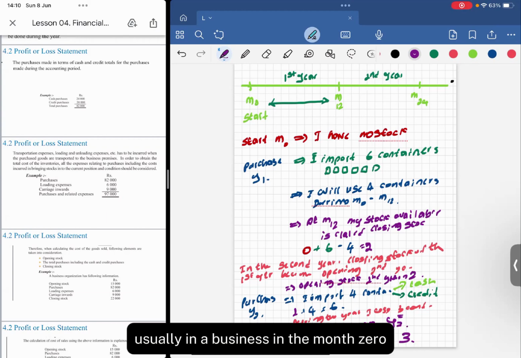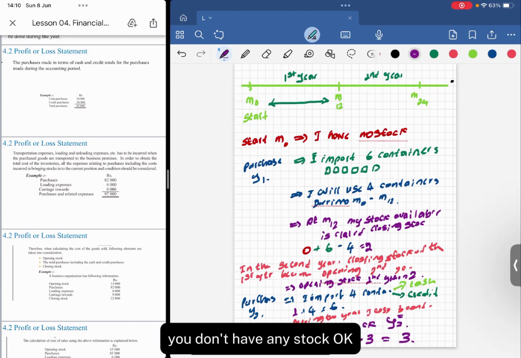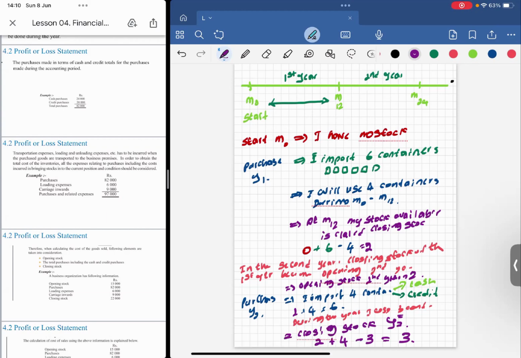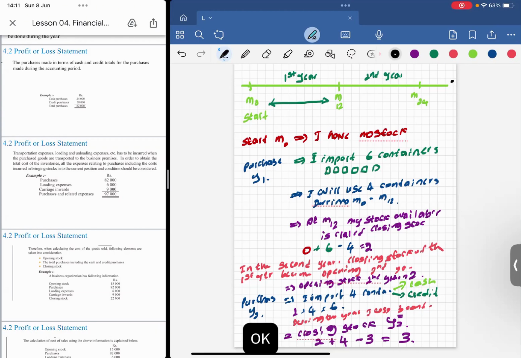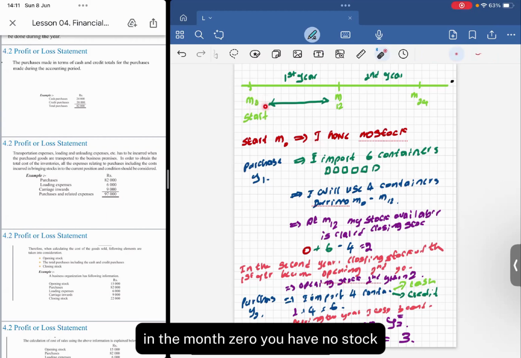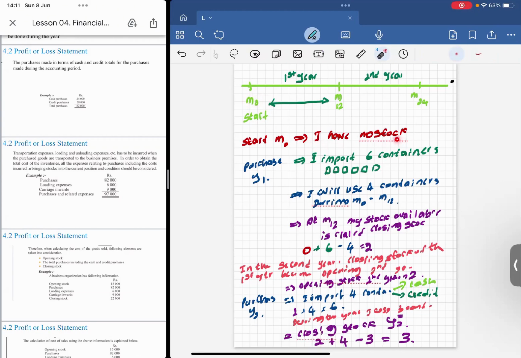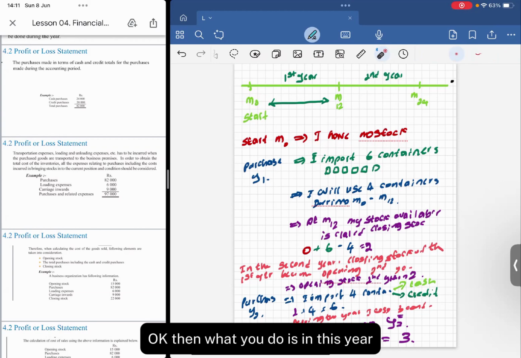Usually in a business, in month 0, you don't have any stock. Then in this year, you will be purchasing stock.